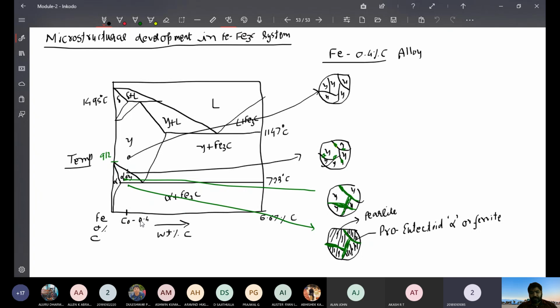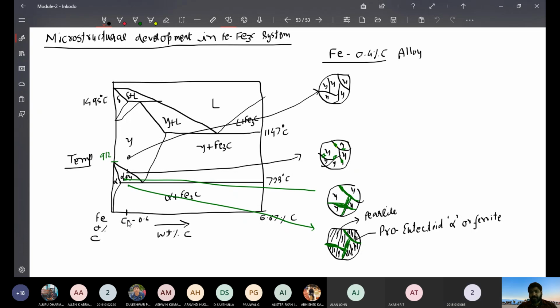I have taken 0.4% carbon, so this 0.4% is in between this point and this point. This point is 0.02 and this point is 0.8% carbon. So a steel containing carbon greater than 0.02 and less than 0.8 is falling in between these 2 points. Then a steel with this composition, that is 0.4% carbon, is known as which type of steel? Hypoeutectoid steel. Correct. Good. So this type of steel is known as hypoeutectoid steel.